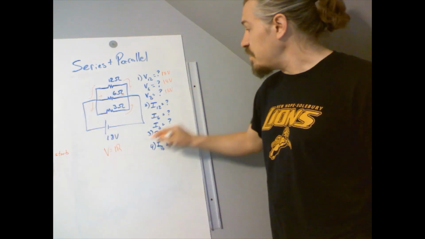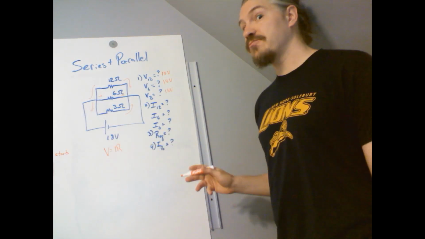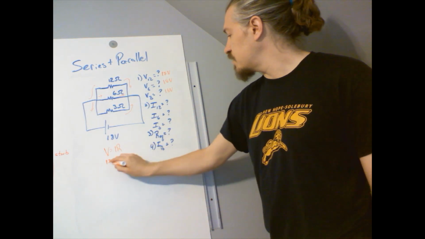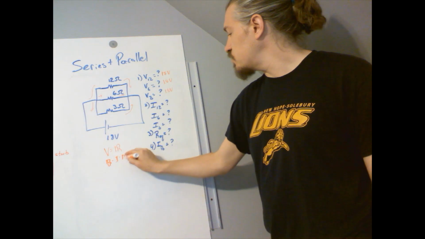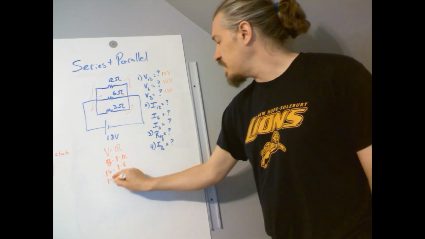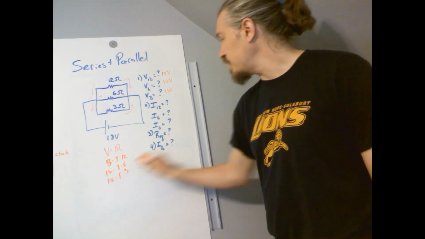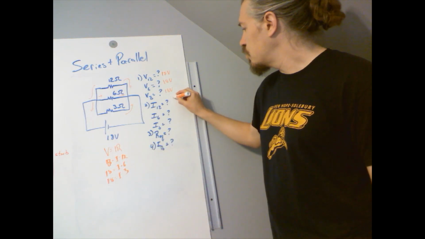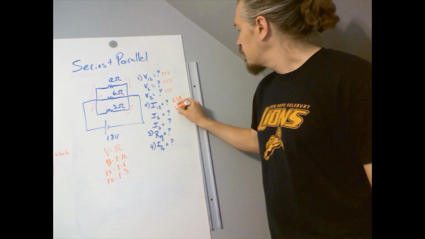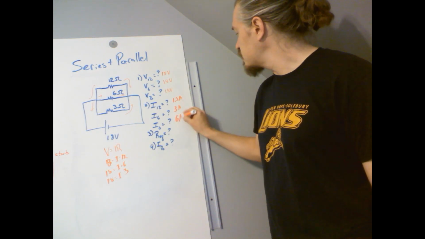And I know V, and I know R for each resistor. So 18 equals I times 12, 18 equals I times 6, 18 equals I times 3. Or 1.5 amps, 3 amps, and 6 amps.